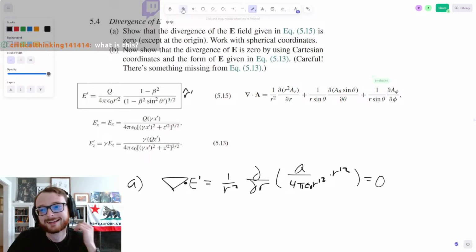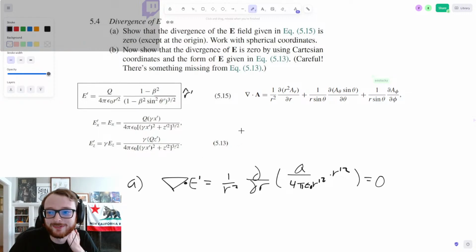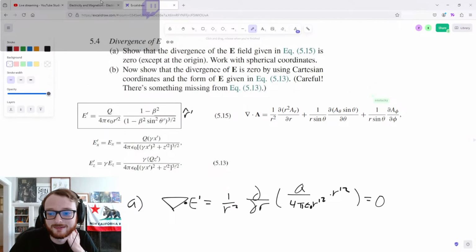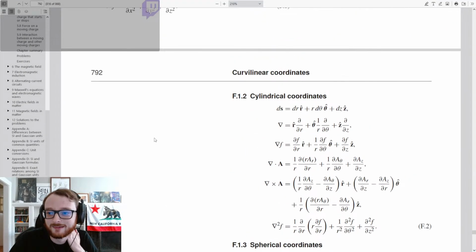Okay. The divergence of V is zero based in Cartesian coordinates, in the form of V given in equation 5.13. Careful, there's something missing.